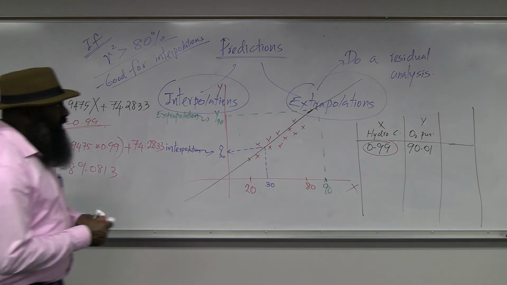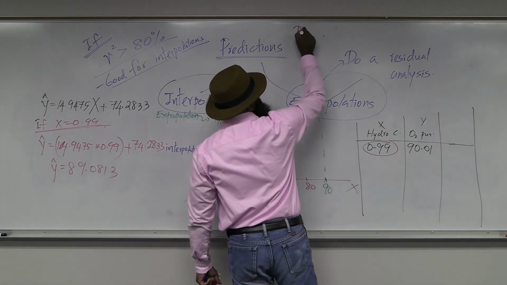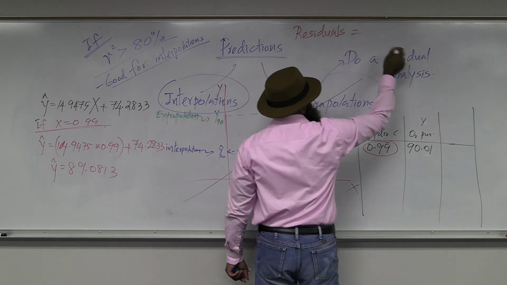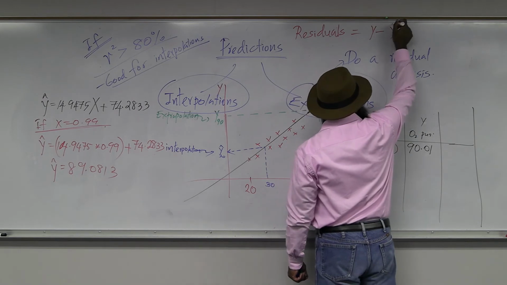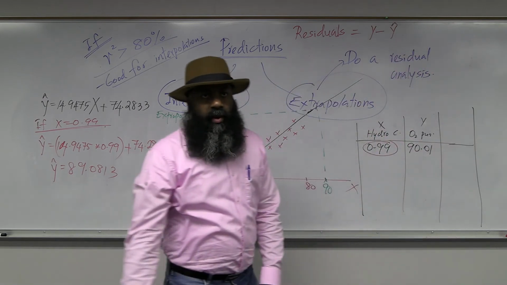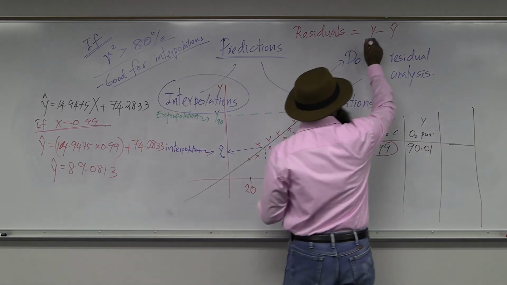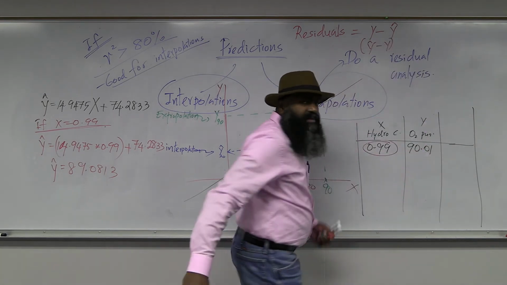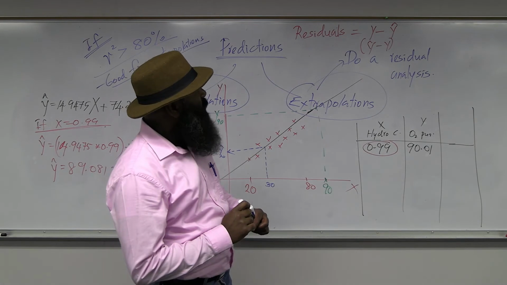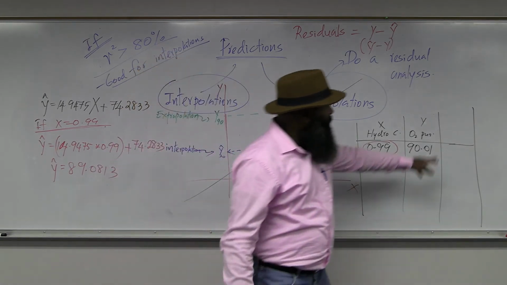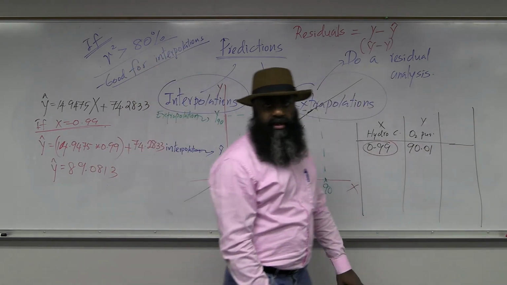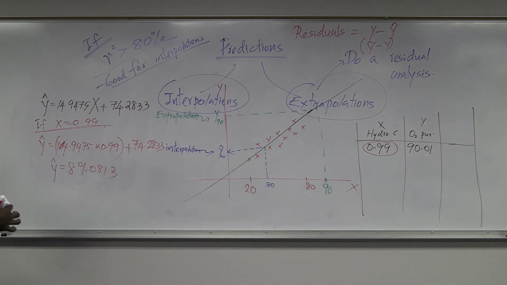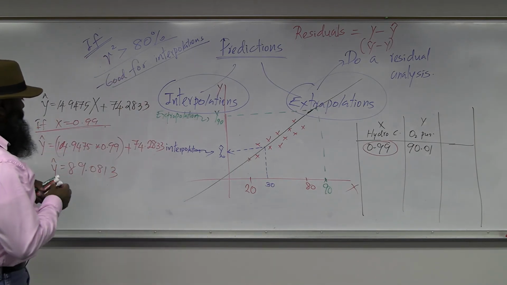So the residuals are defined as y minus y hat. Or you can also define this as y hat minus y. You just have to be consistent with every single data point. If you define it as y minus y hat, you have to do that way for every single data point. Okay? All right, so let's do that calculation for the first data point.